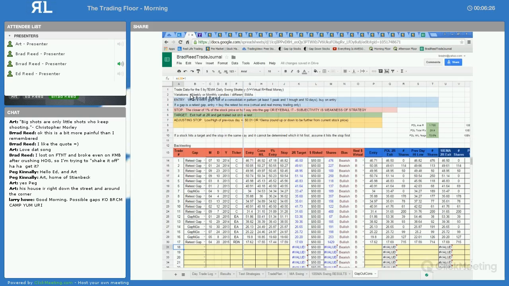Man, it's a little bit smaller than I'd hoped in this video. But the entry is when a stock gaps out of a consolidation pattern, buy on the entry, so buy at the open. And the question, as I was looking through this, is how can I more clearly define a consolidation pattern?